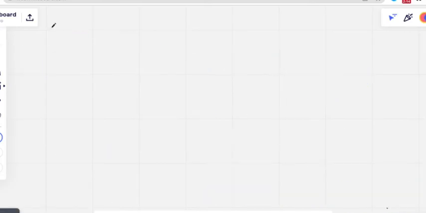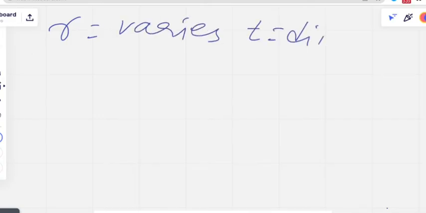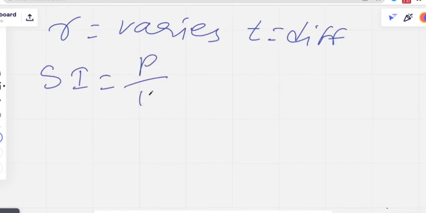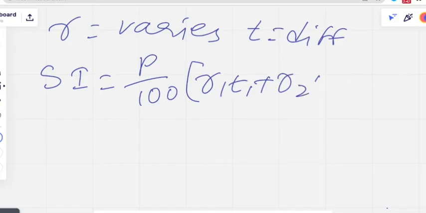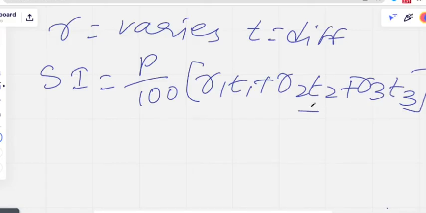Simple interest is sum by 100 into (r1 t1 plus r2 t2 plus r3 t3), and so on. Let's see a couple of examples to get a clear view of this topic.